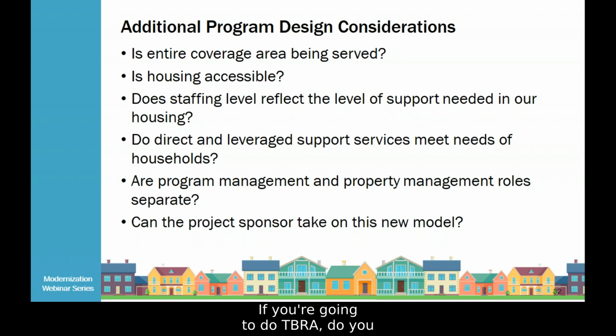If you're going to do PBRA, do you have the staff or the ability to hire staff who can help program participants identify and find units? Do you have the staff who can inspect those units and make sure they meet habitability standards? Do you have the staff or the infrastructure to cut what might seem like a lot of checks on time on a monthly basis?